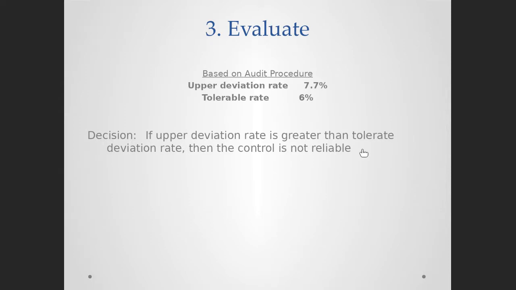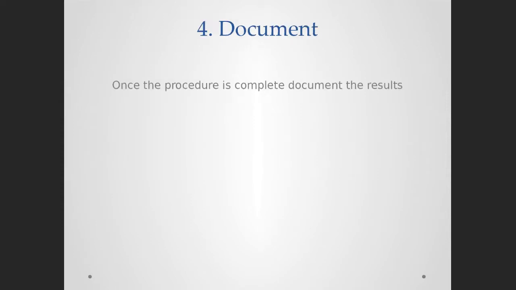You can, based on your experience, based on your understanding, based on your knowledge, make certain judgments. But whatever the conclusion is, either you rely on the formula or you don't rely on the formula, or whatever it is that you do, you must document. You must document. Once the procedure is complete, what is your conclusion?